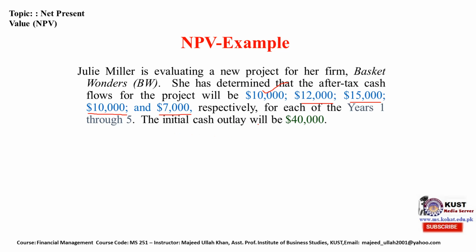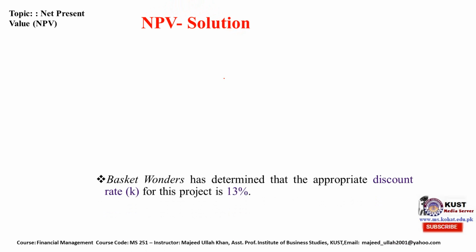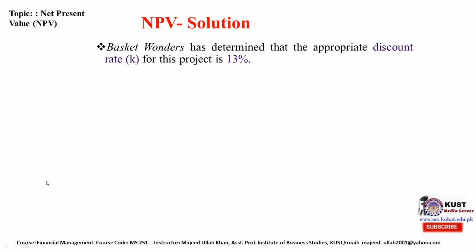But initial cash outlay means the firm will pay 40,000 cash in order to undertake the project. We will calculate net present value for this example.